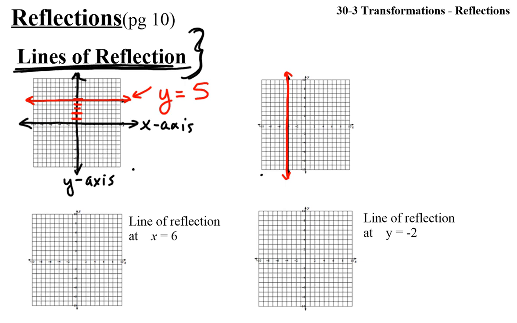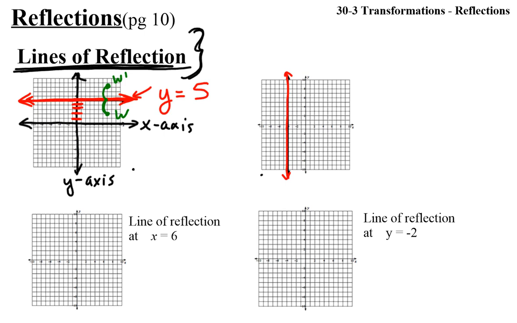So when we go up, there's 5. That's where we want the line of reflection, at Y equal to 5. So then, whatever point I had there, it's important that everything would be equidistant. I'm so far away from my line of reflection, so I would need to be so far away on the other side. Point W becomes W prime.